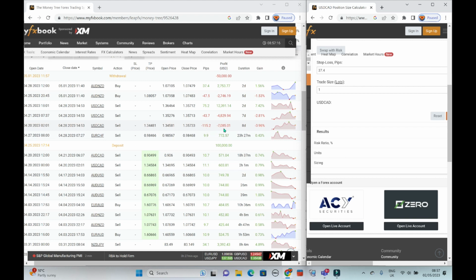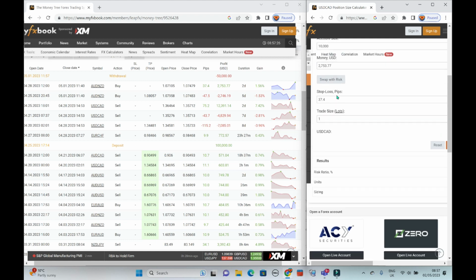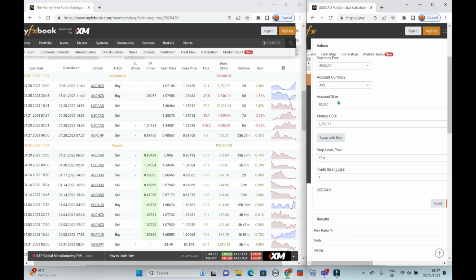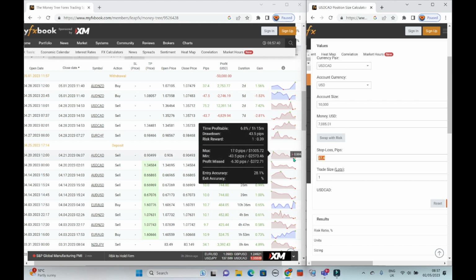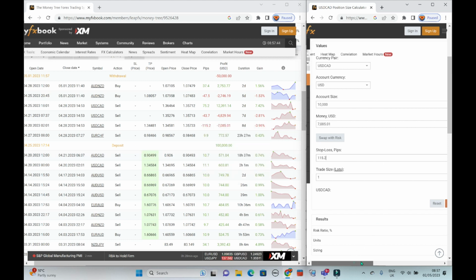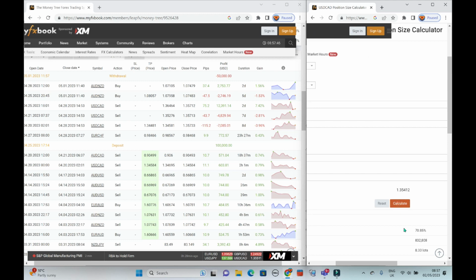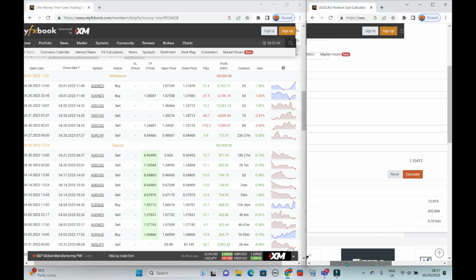We knew that we lost $7,000 here. So what you do is you make sure you're on the right symbol, USD CAD. Account size doesn't matter, but you put in the amount of money, 5785.01, and we know that it was a 115.2 pip risk, and then you hit the calculate button and it tells you it was 8.33 lots.